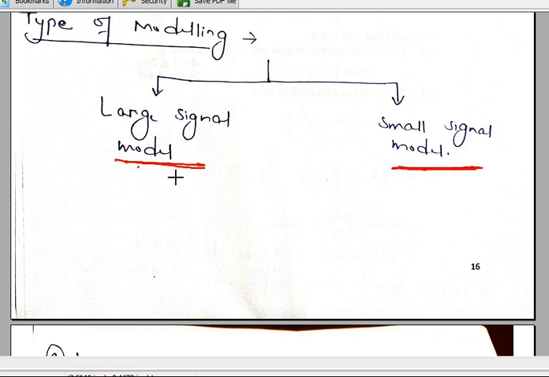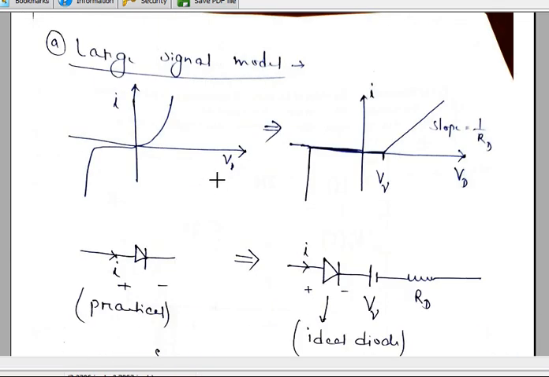Large signal model means the AC or DC input voltage or current should be large enough. In small signal the voltage and current are very small. We will discuss this separately, don't worry. Let's move to the large signal analysis.